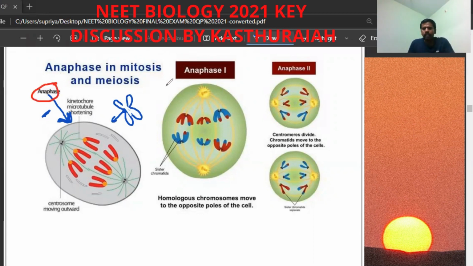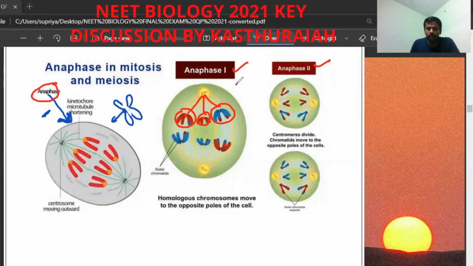But when it comes to meiosis, there are two anaphases: anaphase 1, and then anaphase 2 in the second meiotic division. In anaphase 1, exactly what happens? The centromere is not getting divided. Instead of centromere division, the entire chromosome is pulled by the spindle fibers to the pole.